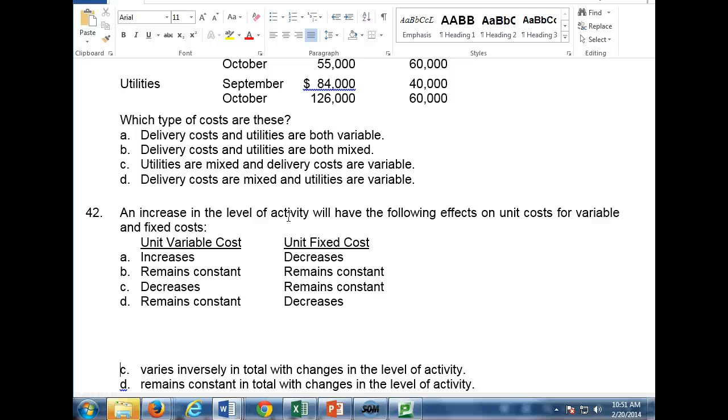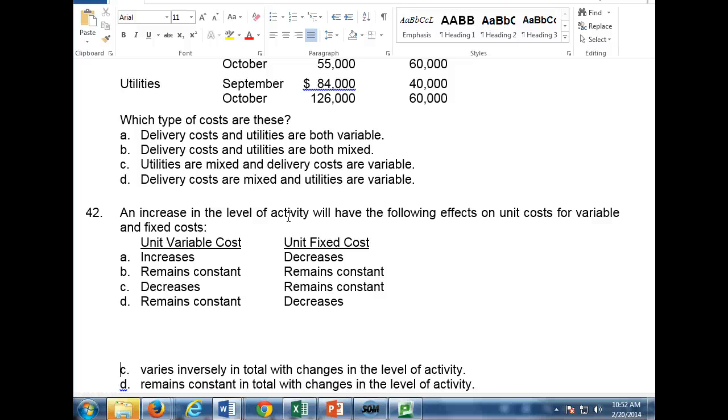But what happens with unit fixed costs? If we've got a fixed cost of $2,000, no matter what, if we do 100 haircuts, what is our fixed cost per haircut going to be? The fixed cost is $200 a haircut, right? But if we produce 1,500 haircuts, what is our fixed cost per haircut? It's going to be like $1 something. You know, something less.